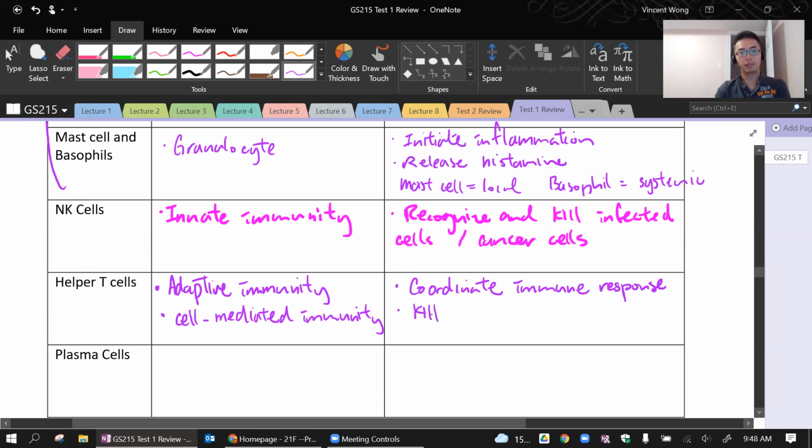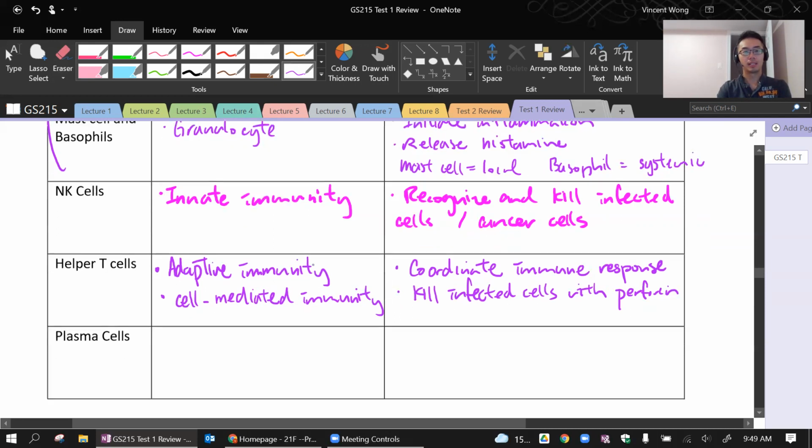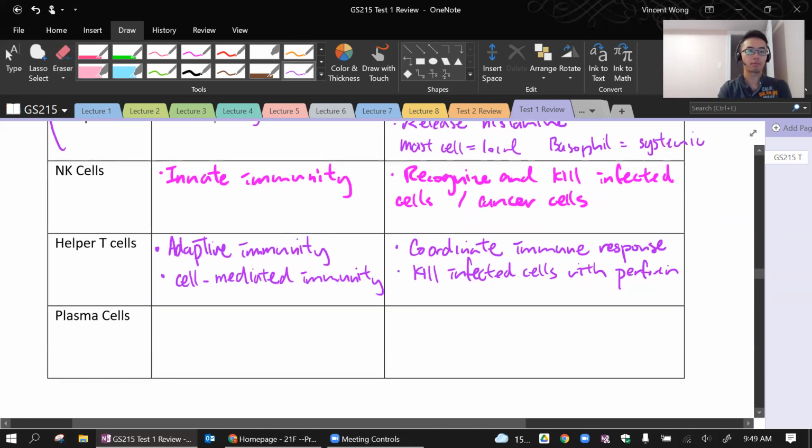They kill infected cells with perforin. And these are the things that will punch holes in the cell membrane and inject toxins to trigger apoptosis. All these are in the PowerPoints, of course. This is just like a summary for you.